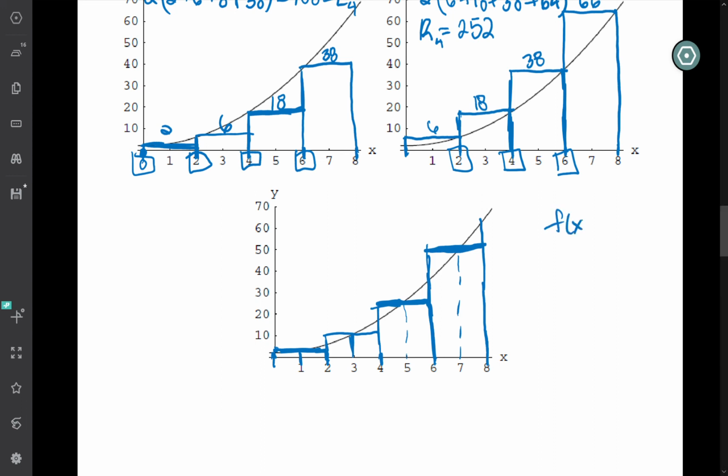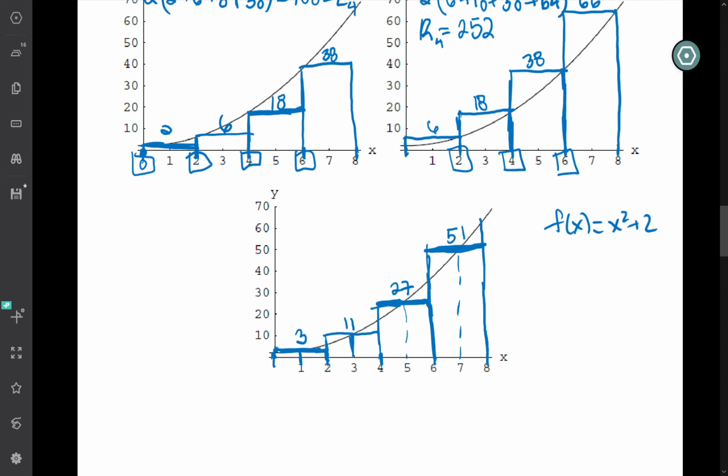Okay, so my formula, what was it? F of x equals x squared plus 2. So when we plug in 1, we're going to get 1 plus 2 is 3. When we plug in 3, we're going to get 9 plus 2 is 11. When we plug in 5, we're going to get 25 plus 2, which is 27. And then when we plug in 7, we're going to get 49 plus 2, which is 51.